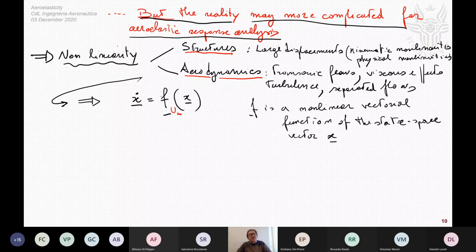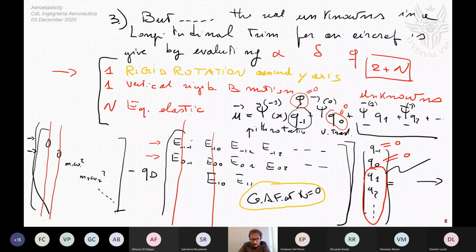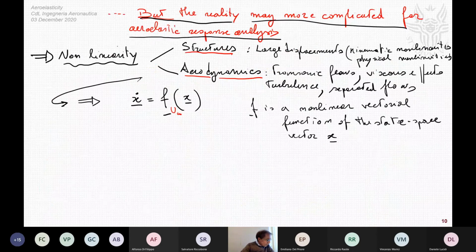In general, I may expect something like that in the case of a nonlinear model. Note that we have studied a linear model up to here. Everything is linear here, a linear algebraic problem for the steady state condition. But in general, we have a nonlinear problem.